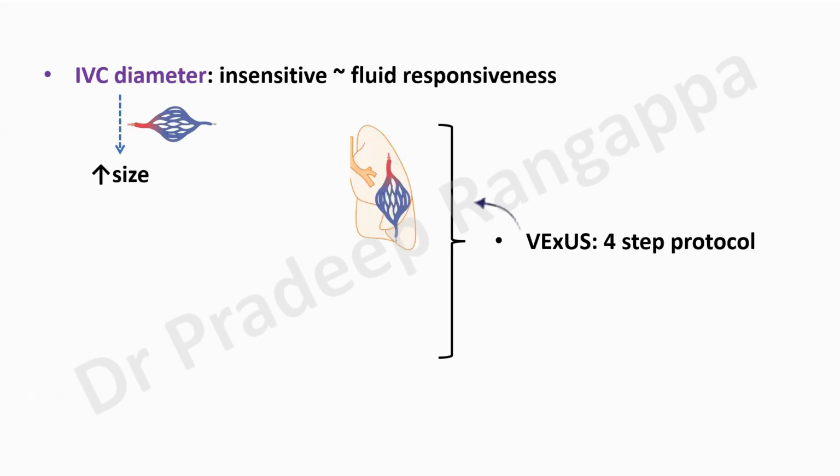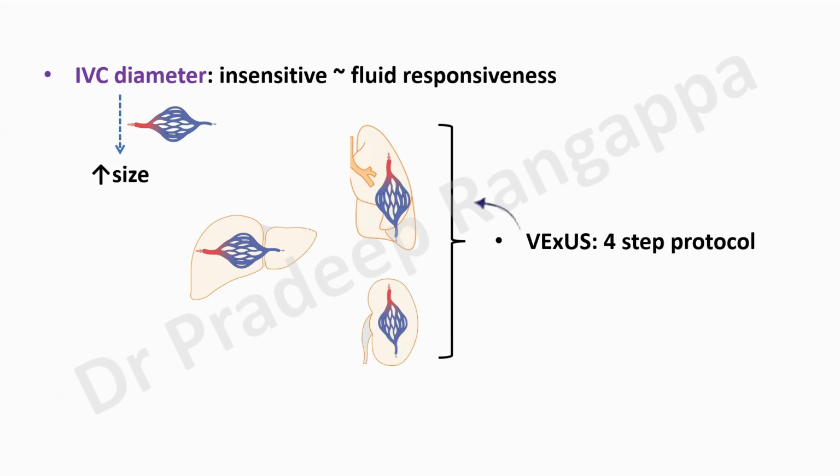The first step is to look at the IVC, which ascertains whether there is congestion. The cardiopulmonary assessment is by looking at the IVC. Then we look at venous congestion in the liver by looking at the hepatic vein and the portal vein. Then we look at renal venous congestion by looking at the renal vein. This is the whole concept of VExUS.